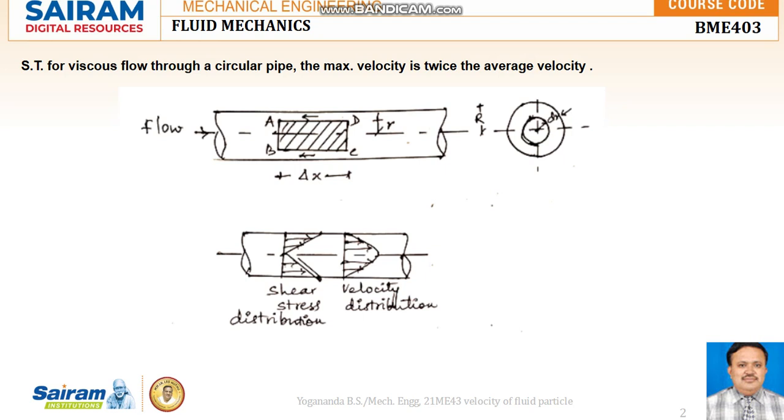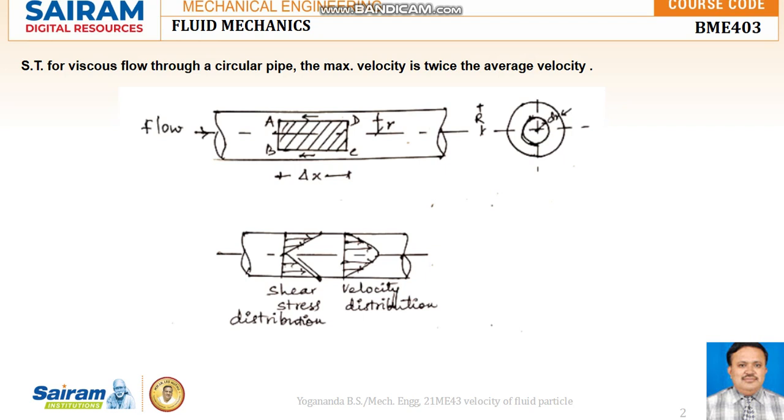So we have shear stress distribution and velocity distribution. At the center of the pipe, the velocity is maximum, whereas at the pipe wall, the velocity is 0. So the velocity distribution starts from 0, reaches maximum value at the axis of the pipe and becomes 0 on the other end, that is the bottom edge of the pipe.